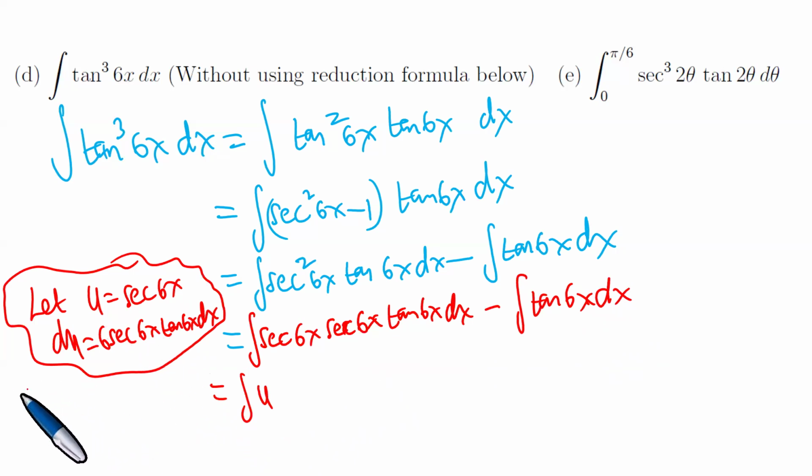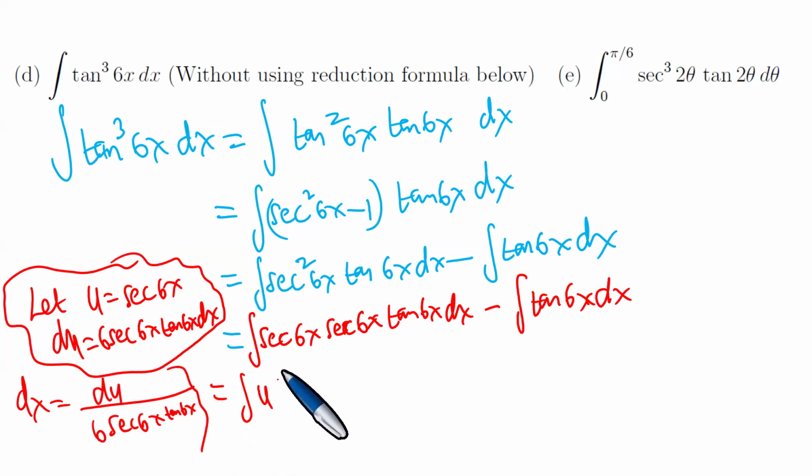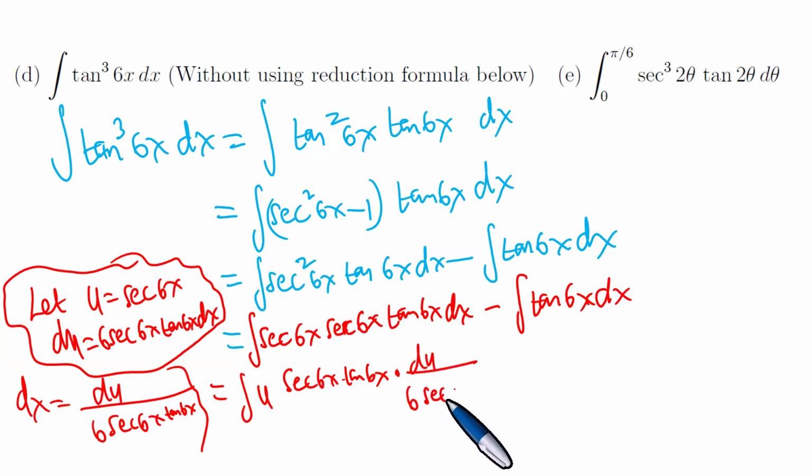Yeah, I mean, there are many ways to do this. So you can make dx the subject here. So dx becomes du divided by 6 secant of 6x tangent of 6x.